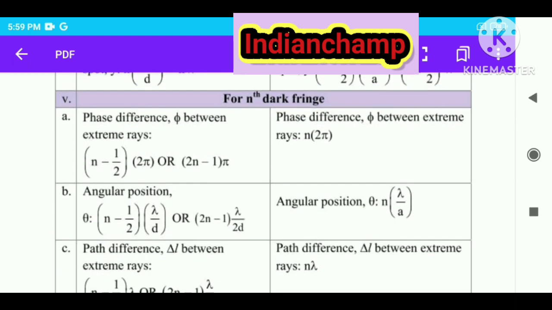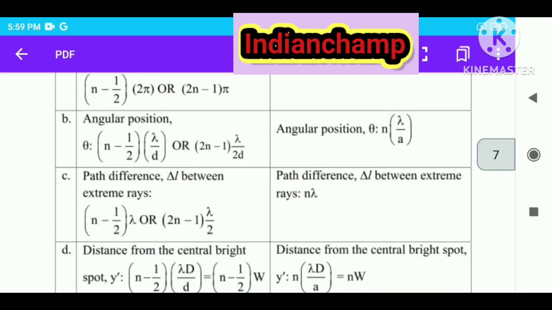Fifth, for the nth dark fringe, the phase difference phi between extreme rays is (n minus 1/2) into 2 pi, or (2n minus 1) pi. In single slit, the phase difference phi between extreme rays is n into 2 pi.